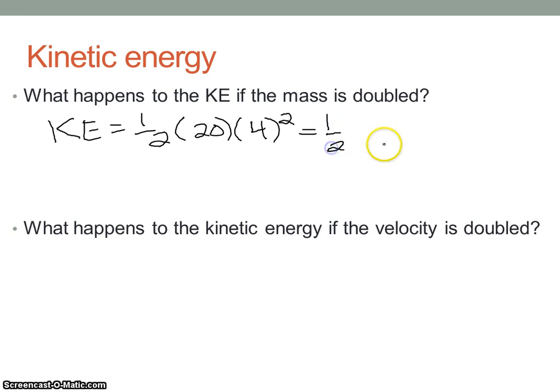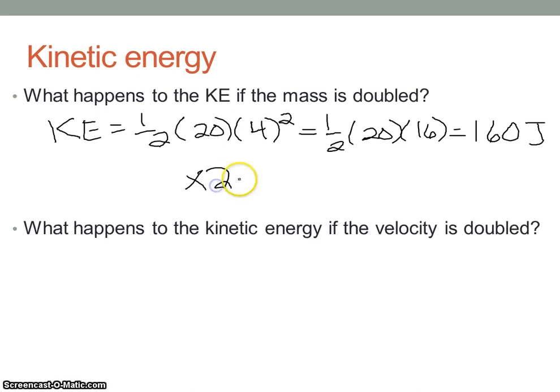All right, so we have 16 times 20 is 320, and half of 320 is 160 joules. So it looks like if you multiply the mass by a factor of 2, you end up doubling the kinetic energy. So it's kind of a 1-to-1 ratio. If you increase the mass, you increase the kinetic energy by the same amount.